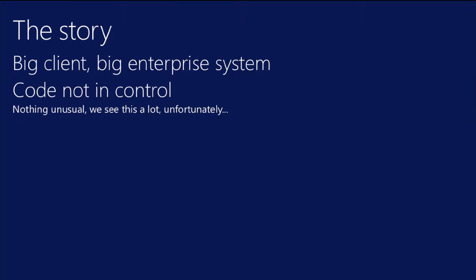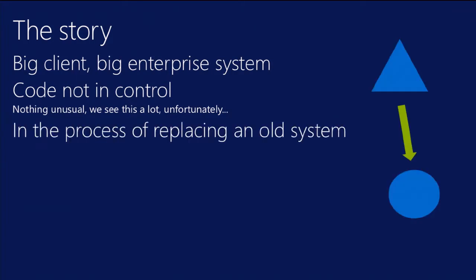And another thing that I think is common as well is that they were in the process of replacing an old system. So they had this old system with its roots in the 80s, I think, with an old architecture, and they were moving pieces of functionality, or migrating functionality, if you wish, into the new system with a new architecture.